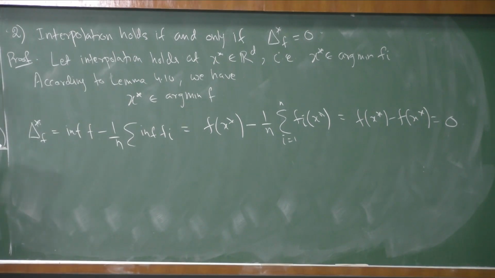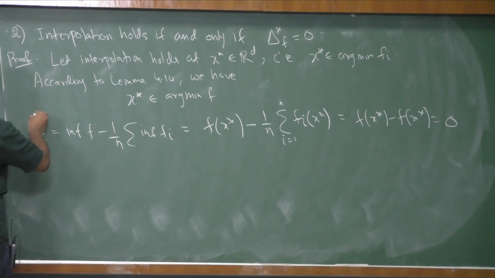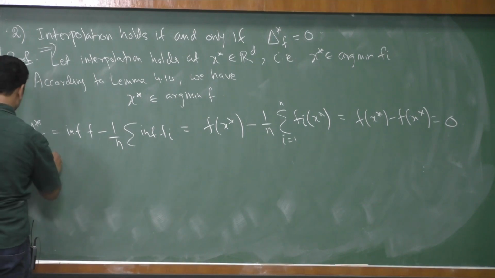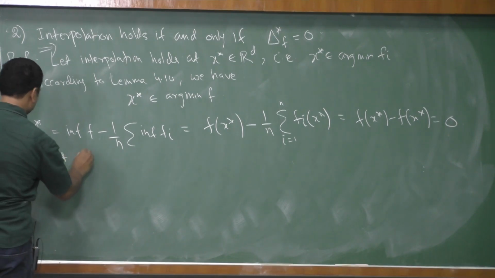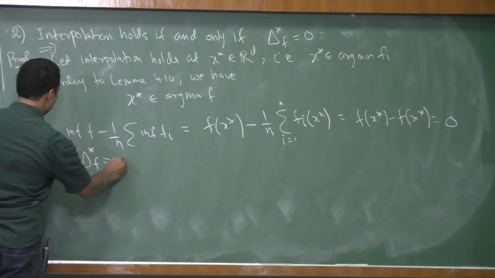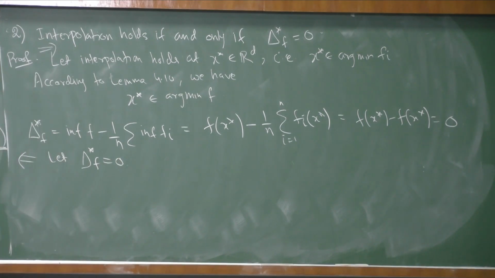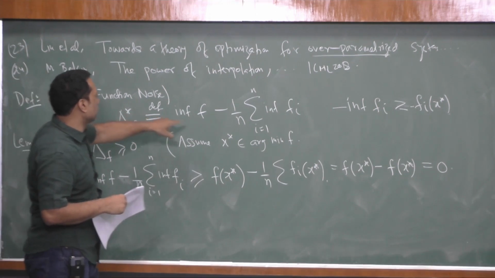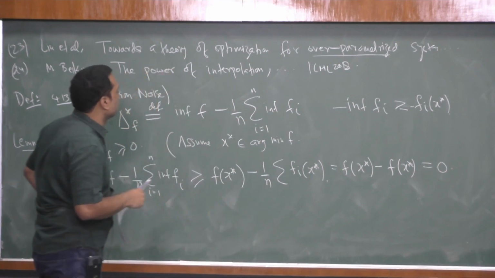Okay, it just followed. So indeed delta star f is 0. And now consider the other case. So this was interpolation holds, and this is the other way. Let delta star f equal 0. So what we are supposed to prove now is that if delta star f is equal to 0, then it's necessarily the case that x star, which is in the argmin of f, is also in the argmin of fi.